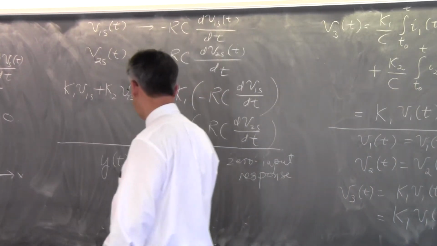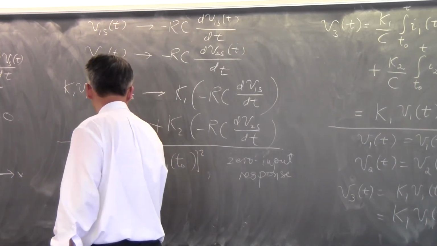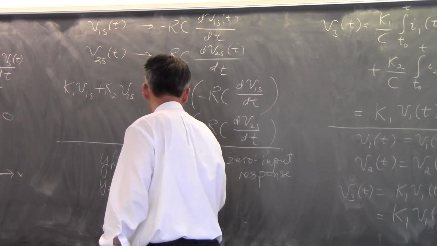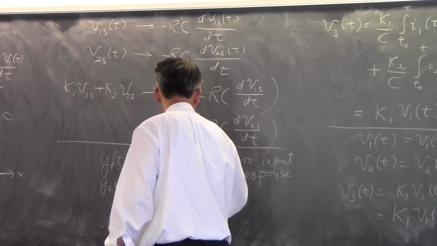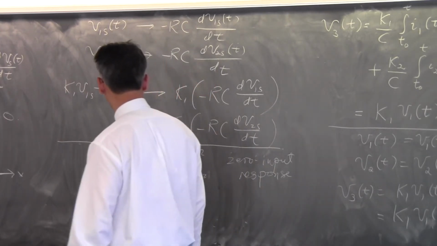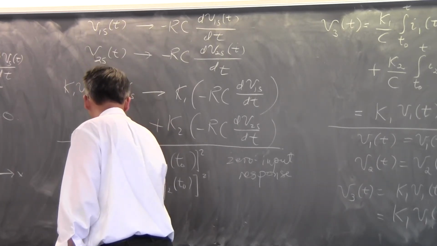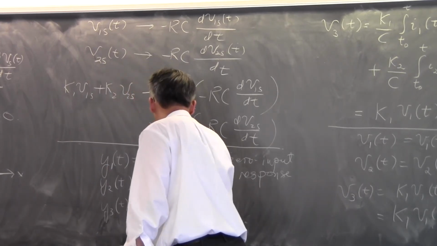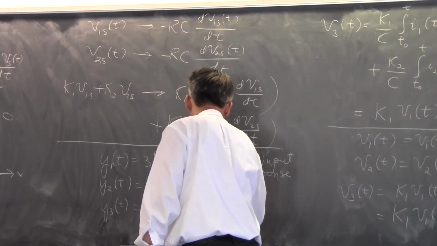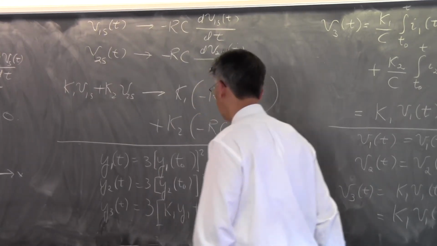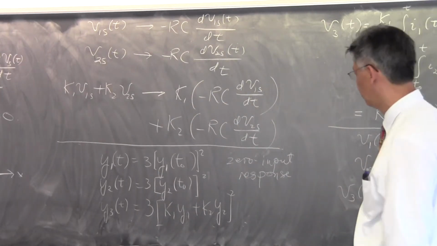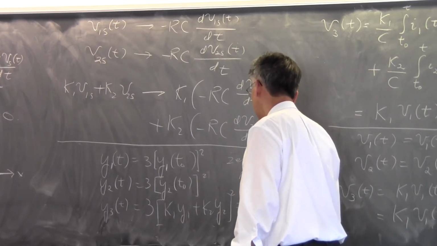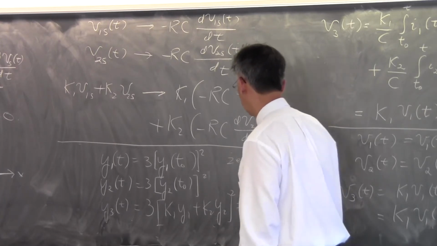Definitely not, right? Because if you test it with y1, you test it with y2 as your input to the state, it's very clear that if you have y3(t), where you linearly superpose the two inputs, k1 y1 plus k2 y2, and you square that, this is not going to be equal to k1 y1 plus k2 y2. This should be t naught.